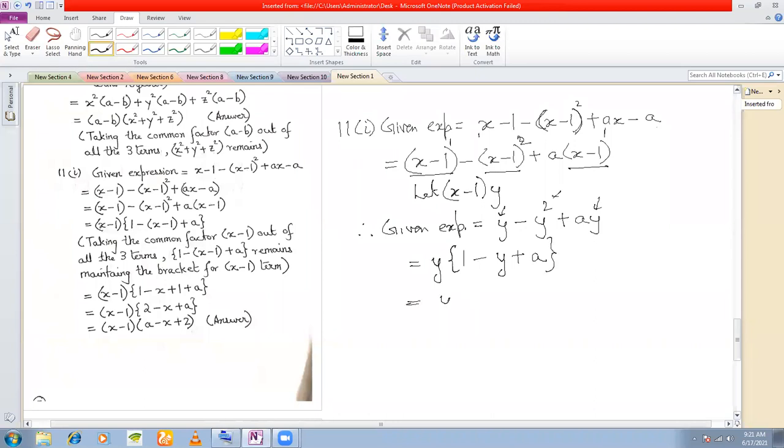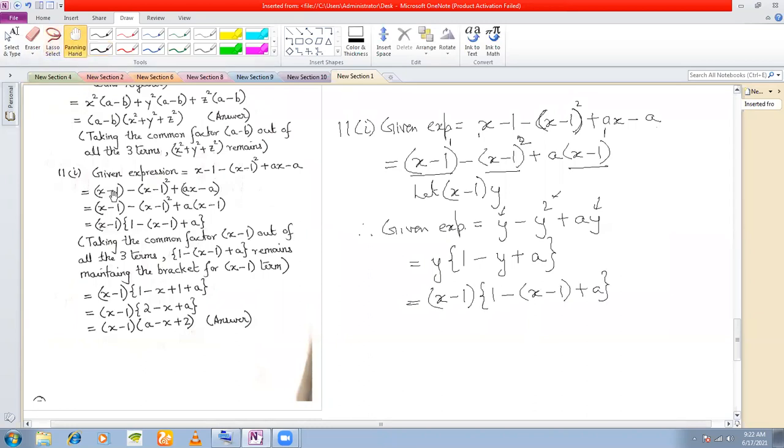So now you put back the values. What is the value of y here? The value of y we had taken here as x minus 1. So y is x minus 1 and 1 minus y here is again x minus 1 plus a.